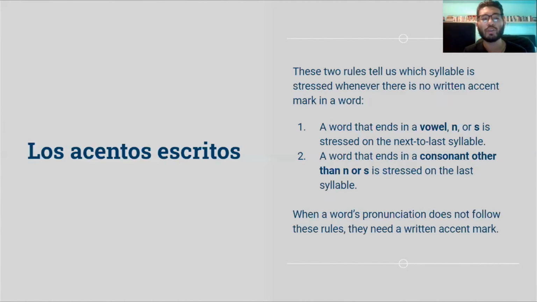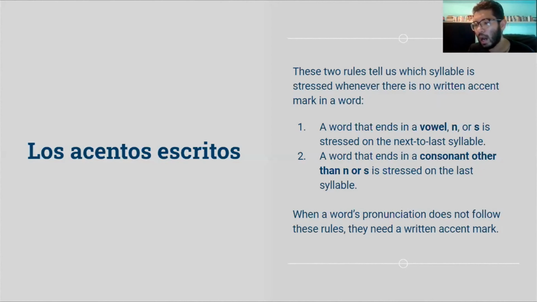All words that have more than one syllable have an emphasis on a specific syllable. It just helps us pronounce the words better and more accurately. However, in Spanish, we have written accent marks that tell the speakers when an emphasis is not located in the syllable that we would expect it to be.